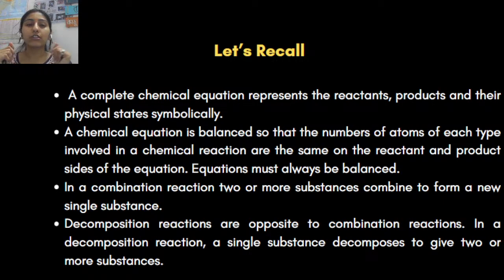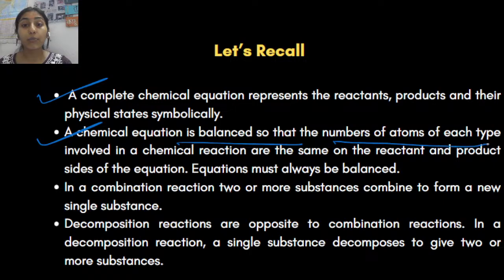Let's quickly recall whatever we have discussed. A complete chemical equation represents reactants, products, and their physical states, either solid, liquid, gaseous, or aqueous, symbolically. So in a chemical reaction, we are writing with the help of symbols. Then a chemical equation is balanced so that the number of atoms of each type involved in a chemical reaction are the same.